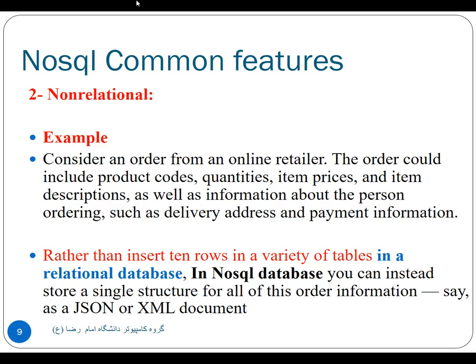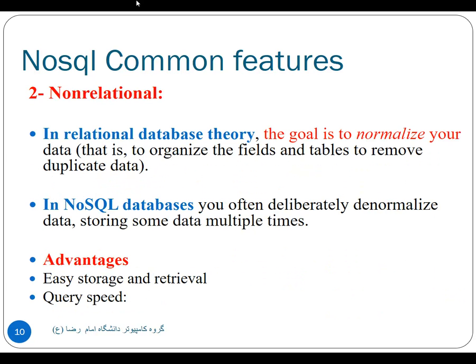But in the relational database, we have different tables. We have one table for the products, one table for the orders. Then they should be related to each other using relations. But in the NoSQL database, we don't have relations. Continuing this subject, in the relational database theory, the goal is to normalize your data, so we don't have duplicate data.